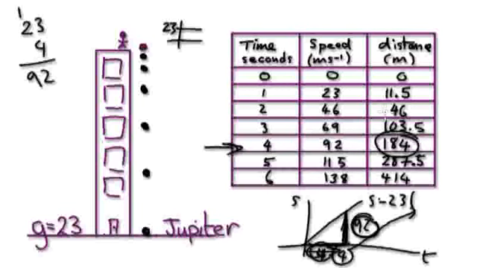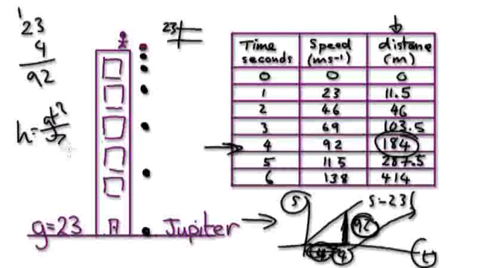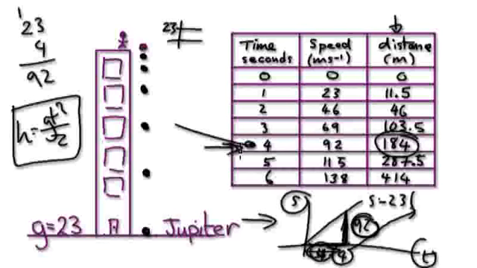Okay, or, remember, if you want to find out the distance, either sketch the speed time graph, or use h equals gt squared over 2. Memorize this. This is very useful. So after 4 seconds, it's 1, 2, 3, 4. This bit here represents this point here.